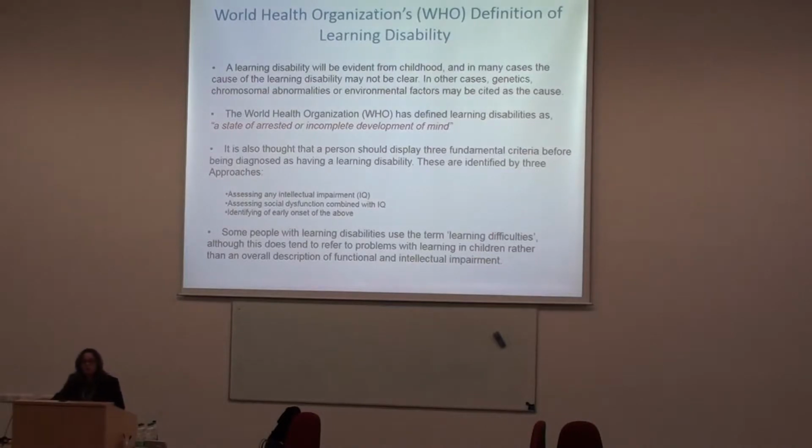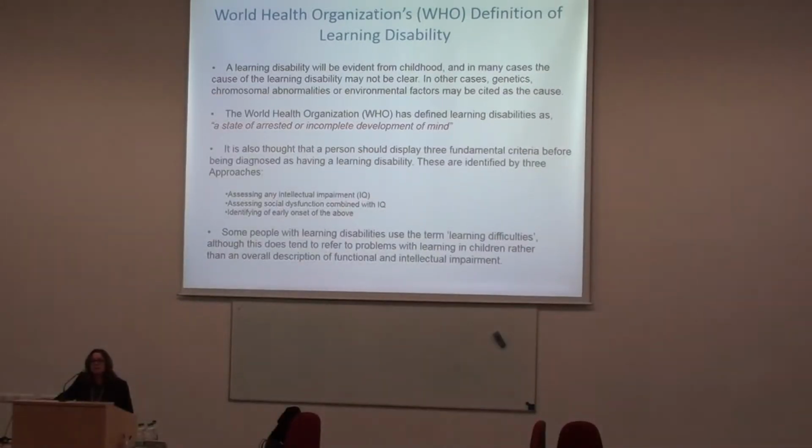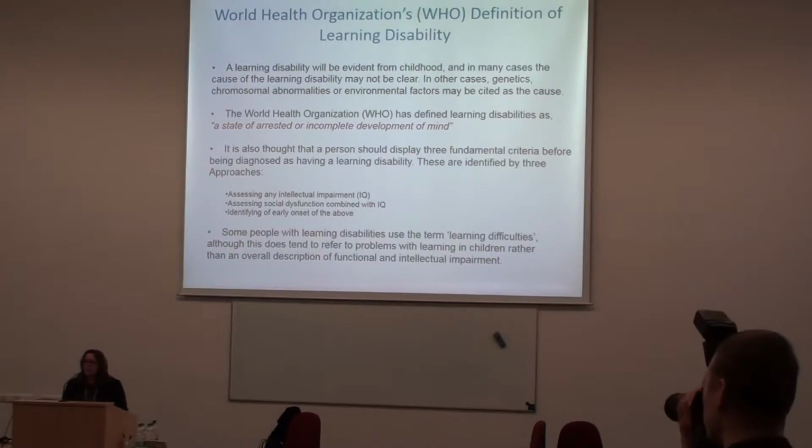The World Health Organization also has a definition of learning disability. However, the definition is so broad that it almost encompasses very, very low ability across the board in cognitive areas and academic areas, which is not consistent with a specific learning disability.